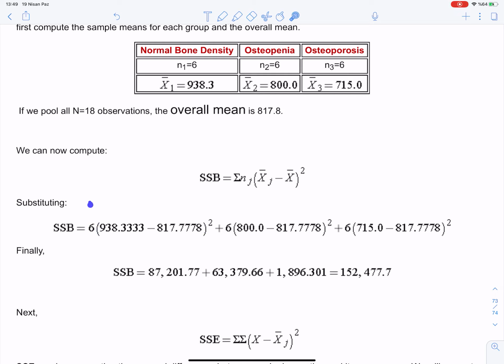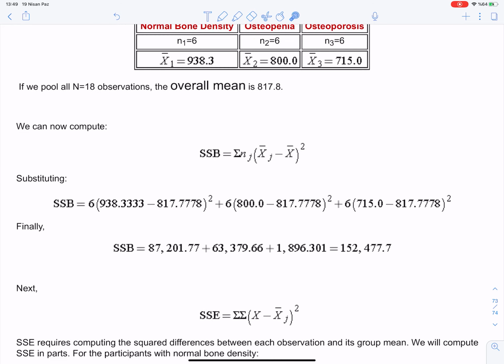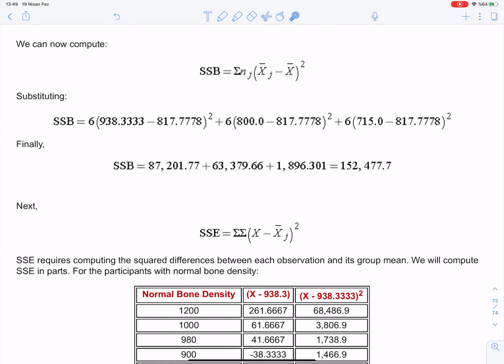It does not necessarily mean that each group should have equal observations. This could be 6, 12, 9, or 7. So this is, by chance, two examples where we have equal sizes, but it is not necessarily required.